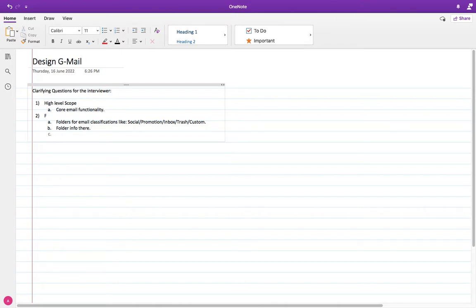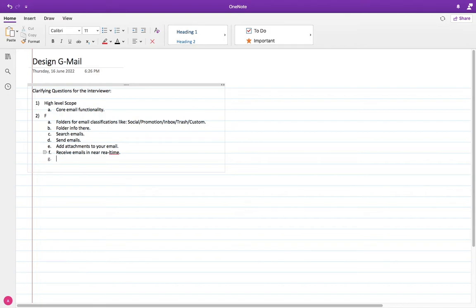What else can you do when you open the core email functionality part of Gmail? You can search emails. You can send emails. You can add attachments to your email. You can receive emails in near real time.